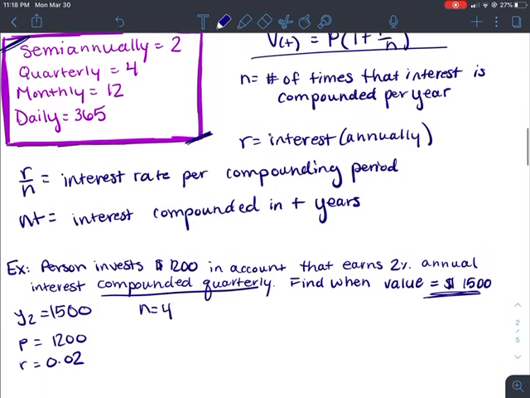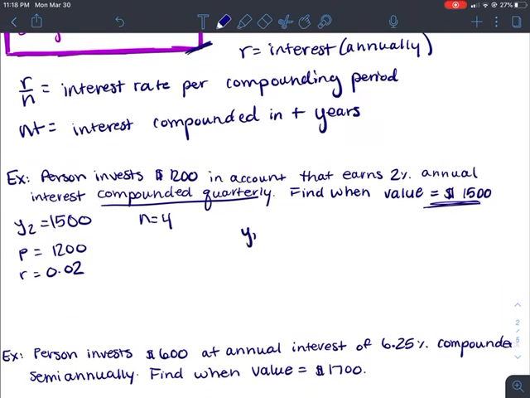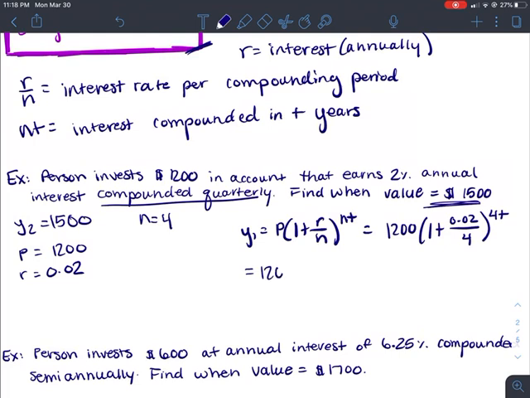So I'm going to plug this into my equation. y1 equals p times 1 plus r over n to the nt power. This gives me 1200 times 1 plus 0.02 over 4 to the 4t, which gives you 1200 times 1.005 to the 4t.